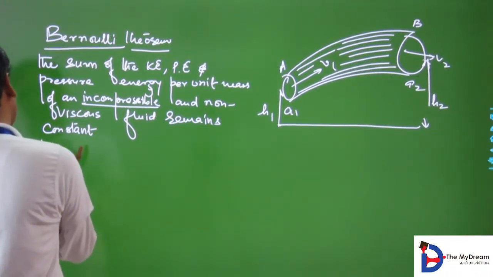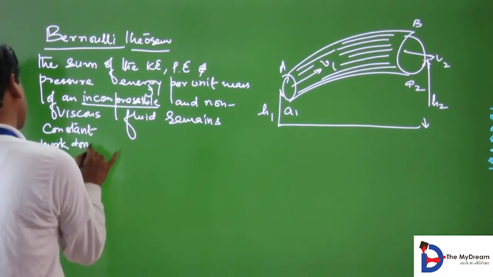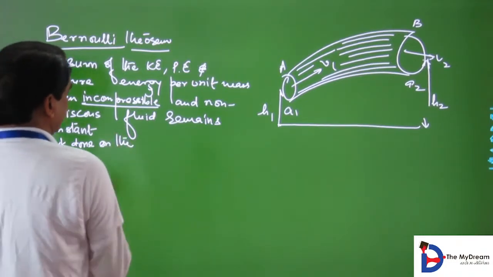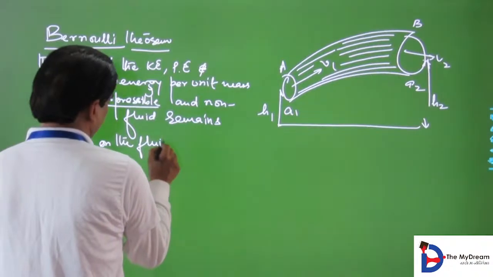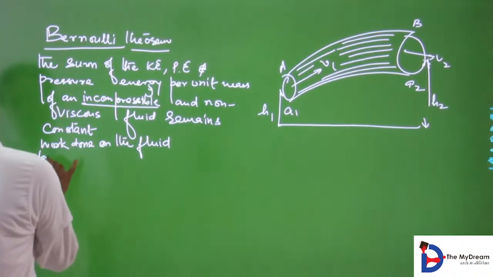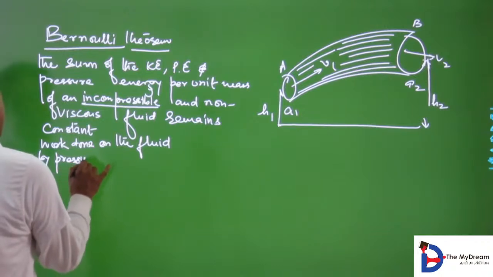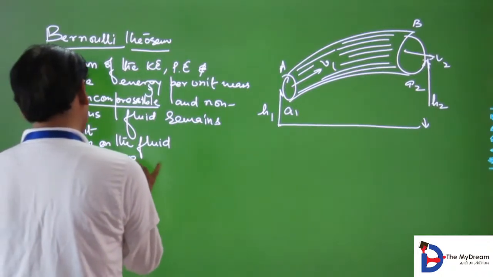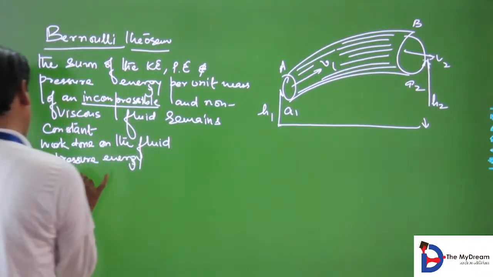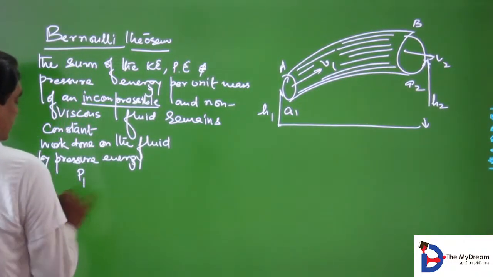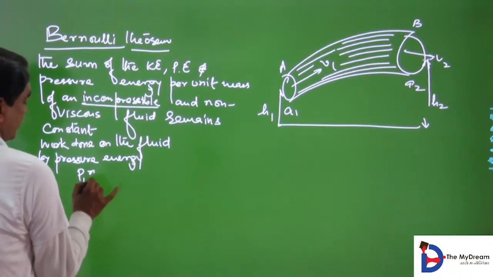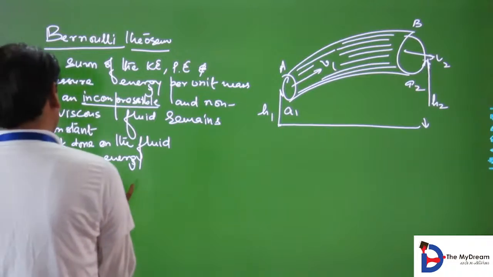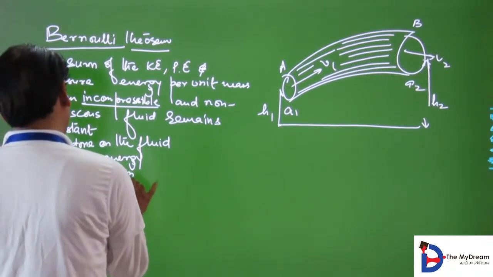So the work done on the fluid by the pressure energy is given by P1 m by rho minus P2 m by rho.